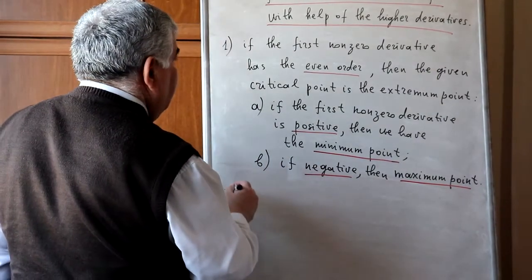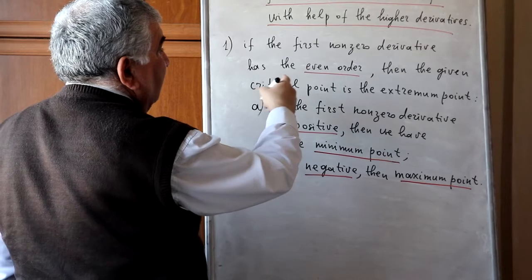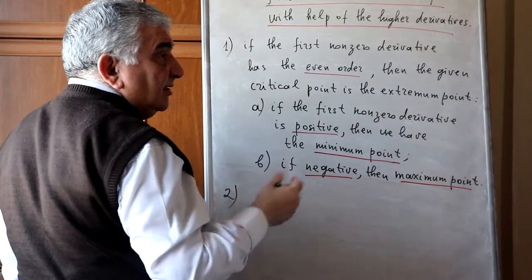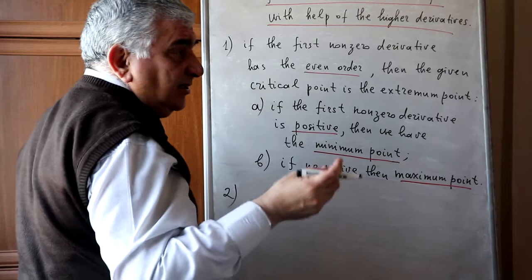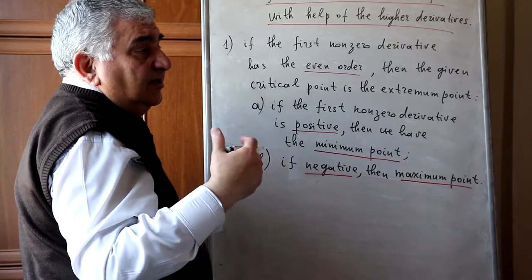Second point. But if the first non-zero has the odd order, in Azeri it is tek tertip, in Russian нечетный порядок.